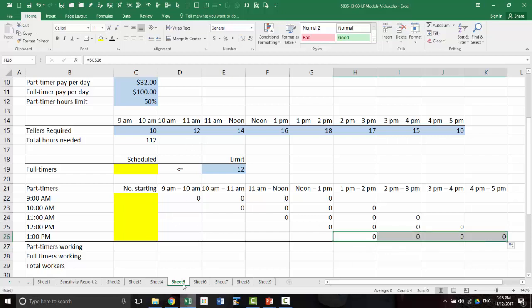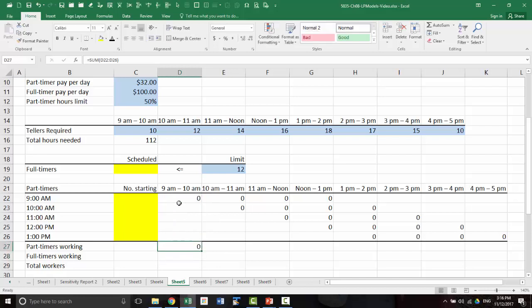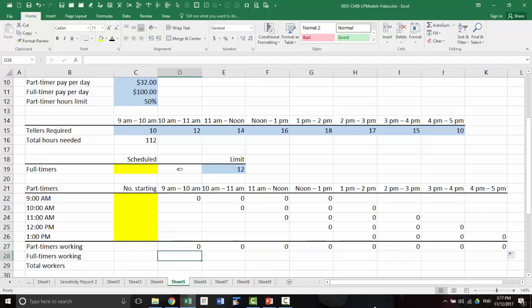Now if we sum column-wise, that will give us how many part-time tellers will be working in that 1 hour time period. Now we also have full-time workers.